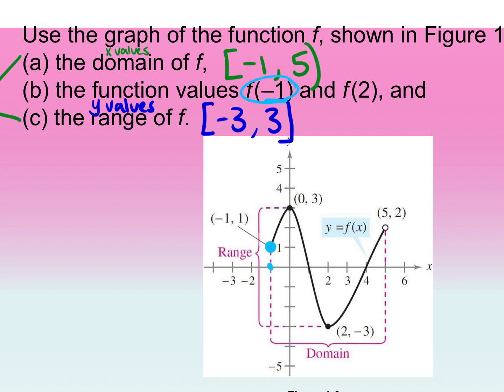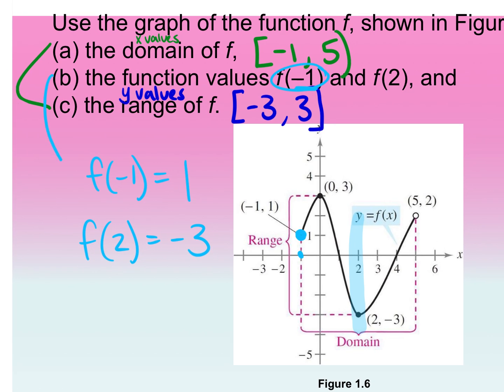So f of -1, I'll write it on the side over here, is 1. Next, let's find f of 2. So we're looking for where x value is 2. What's our y value at 2? -3. Perfect. Any questions here?